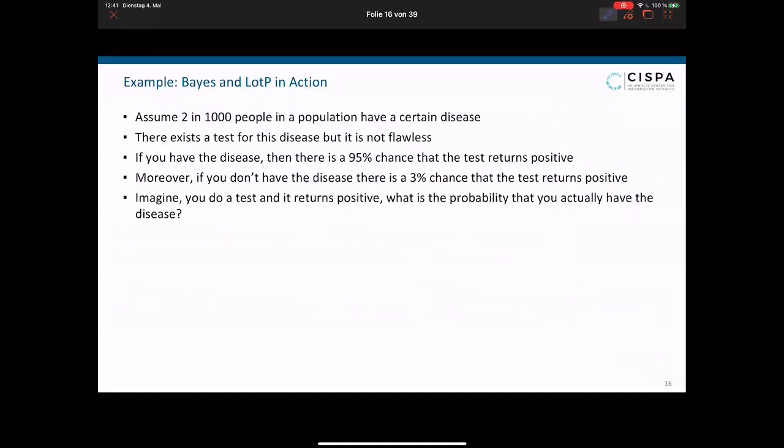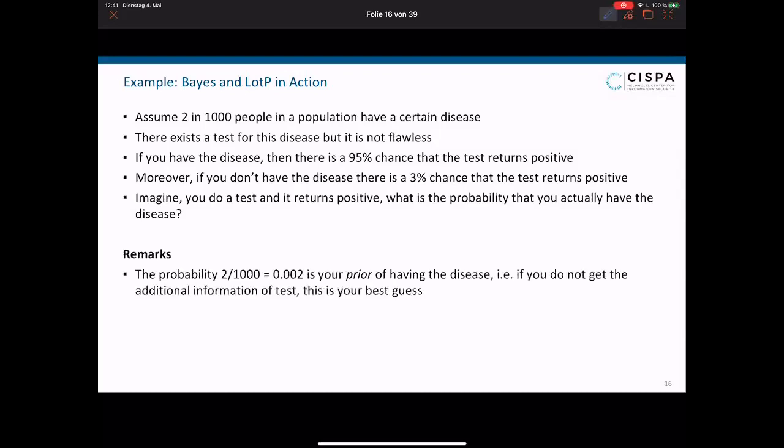Now, let's say someone tests positive with this test, and we want to know what is actually the probability that this person has the disease. First of all, this first point here, that 2 in 1,000 people have this certain disease, this is what we call the prior probability.